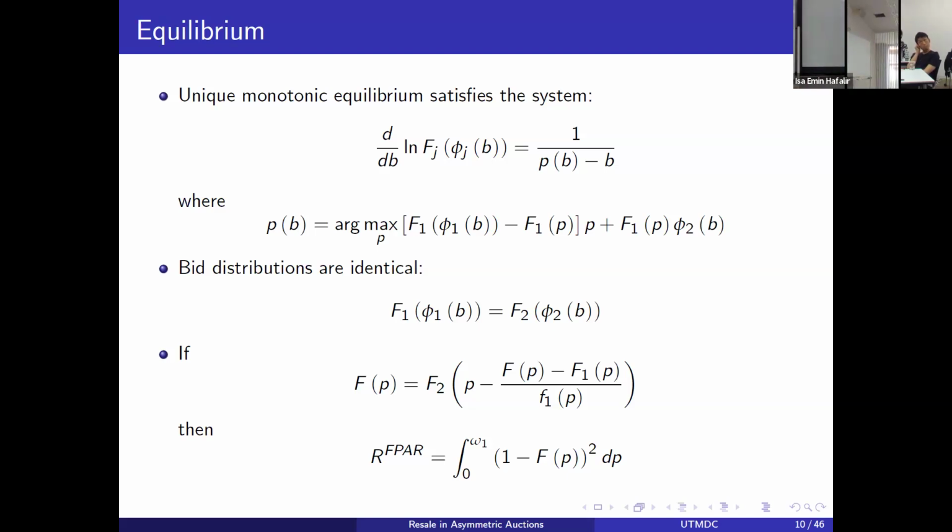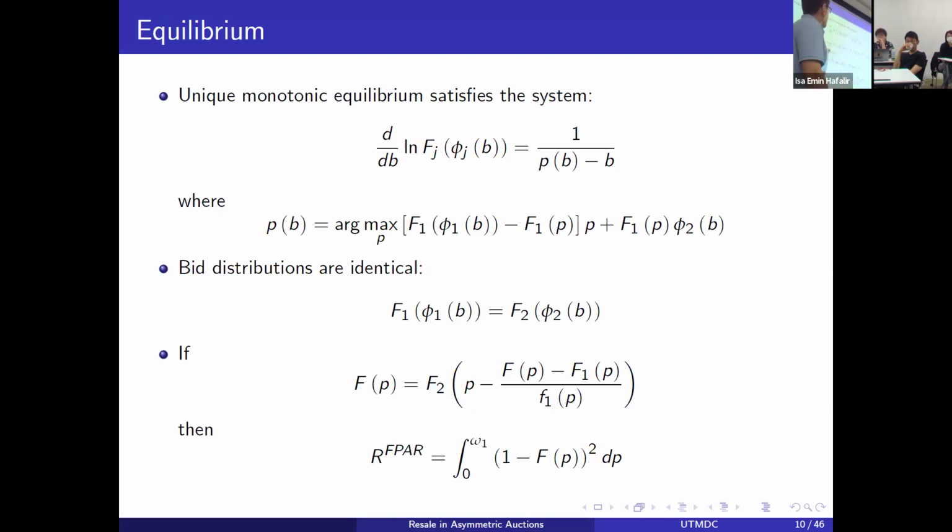Remember that in the first price auction without resale, we had two pair-linked differential equations. Now we have one differential equation for each bidder, and they are not linked with each other. For each bidder j, the equation is d/db ln Fj(φj(b)) = 1/(Pj(b) − b), where Pj(b) is defined as follows.